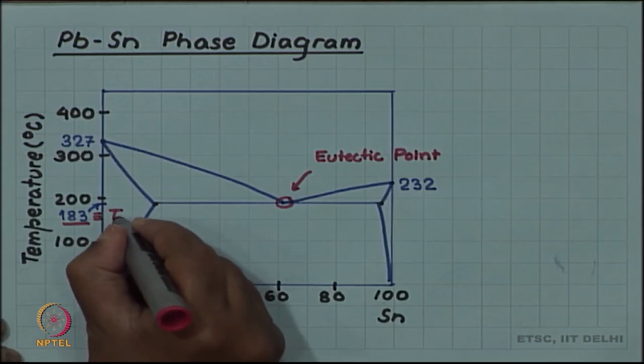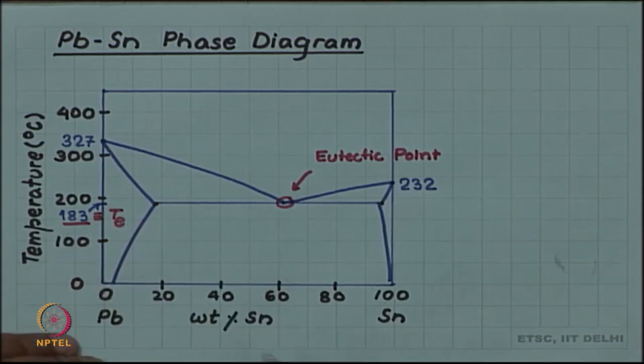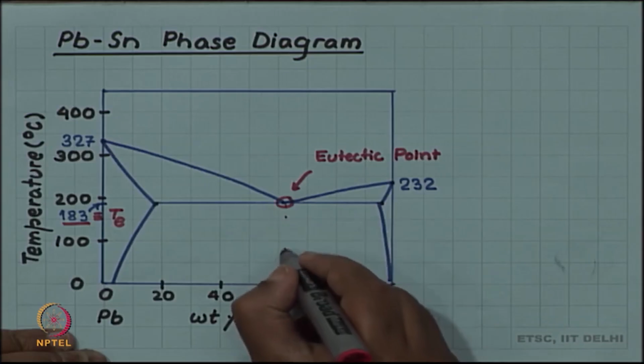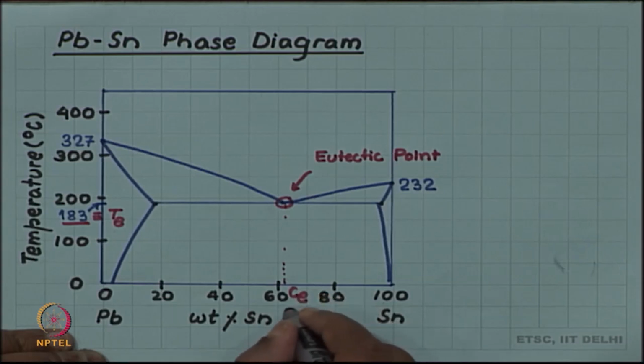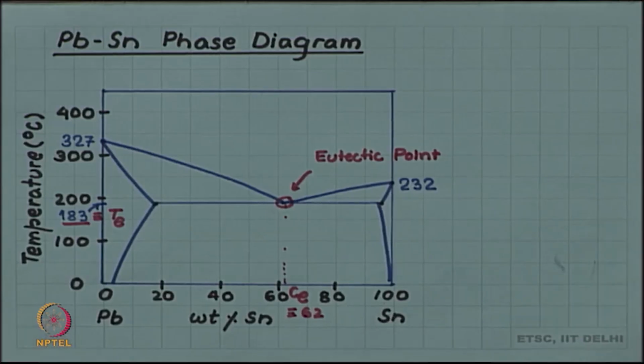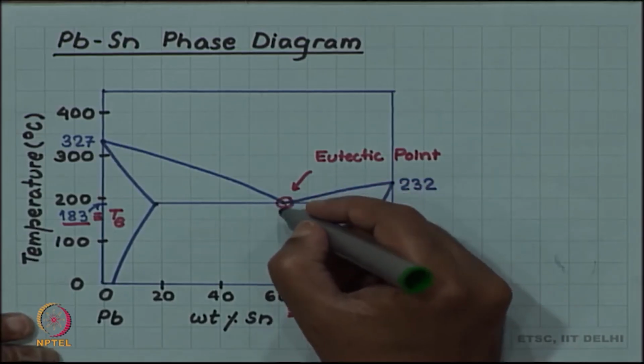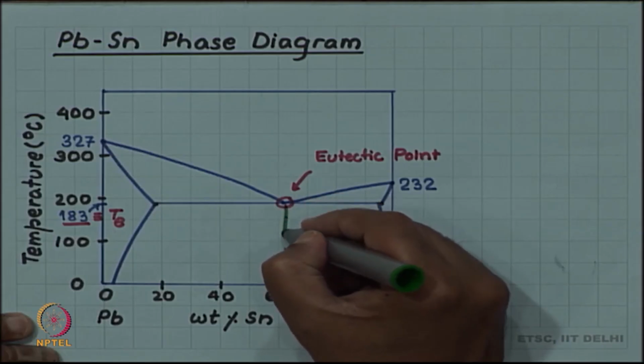I am writing it as TE, and the composition corresponding to this is the eutectic composition, which I am calling CE, and we saw yesterday this was 62 weight percent tin. The alloy of exactly eutectic composition is called the eutectic alloy.